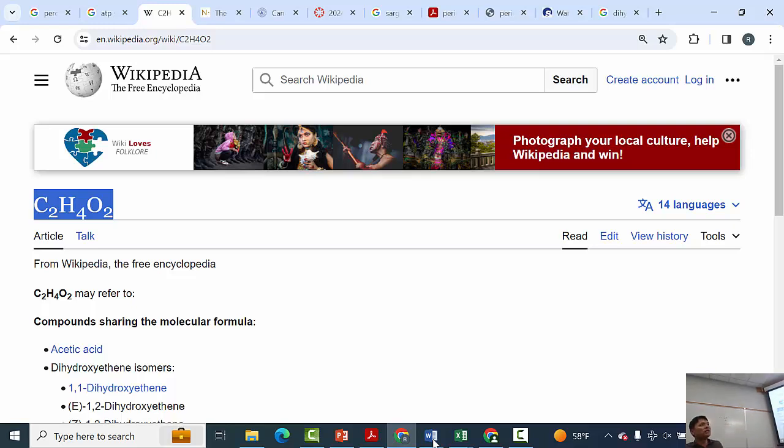So look for acetic acid on the chart up there. Can you find acetic acid on the chart up there? Let me narrow it down. It's on the right side of the chart. Do you see it?